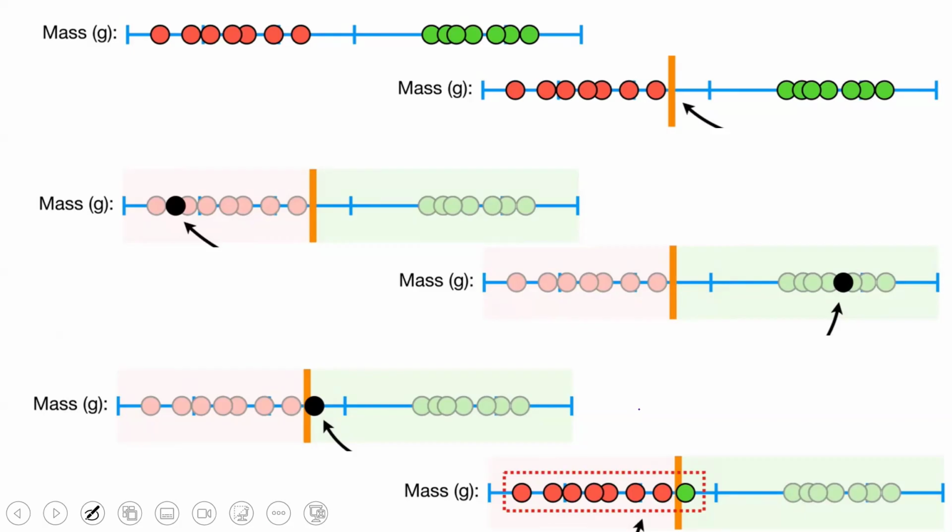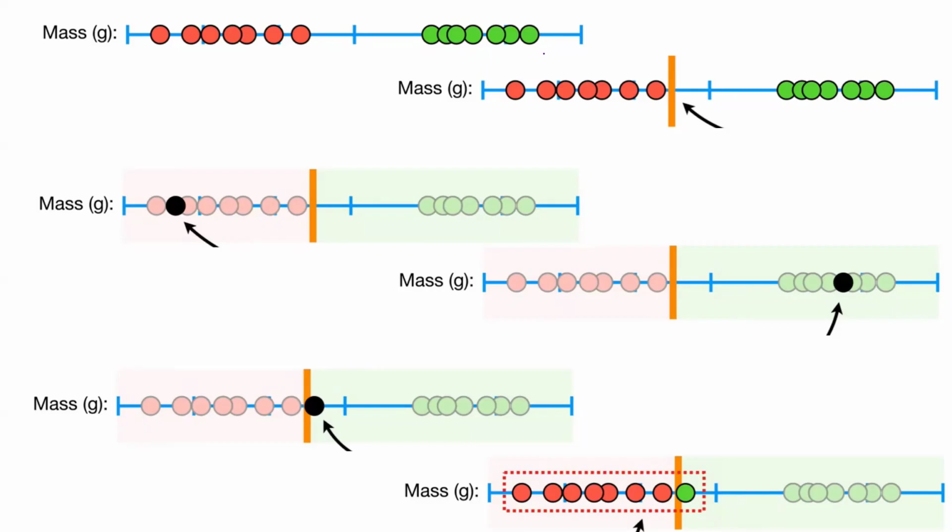Let's understand this. This is the 1D data set that is given to you, where all the red dots belong to one class and all the green dots belong to another class.